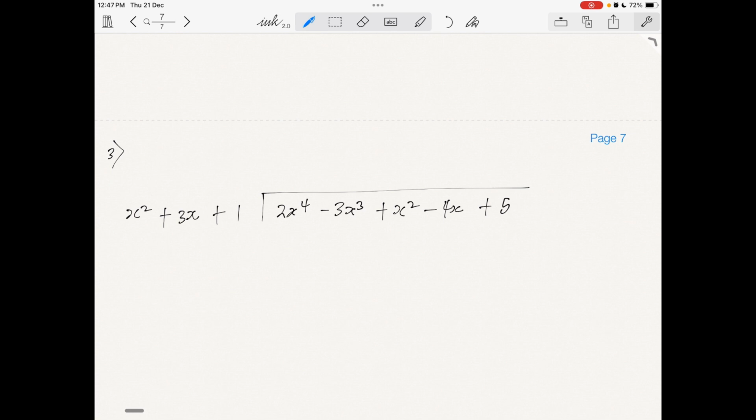Okay, so this whole thing is our dividend, and this is our divisor. As usual, we divide the first term of the dividend by the first term of the divisor.